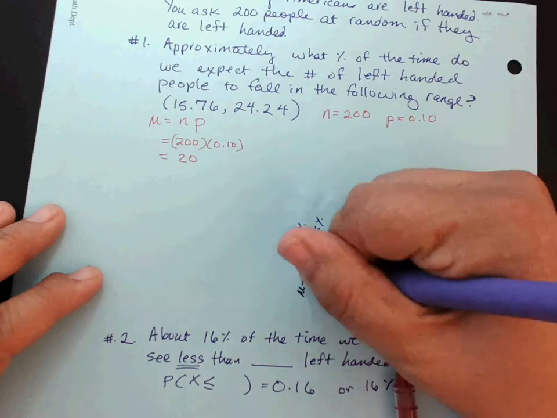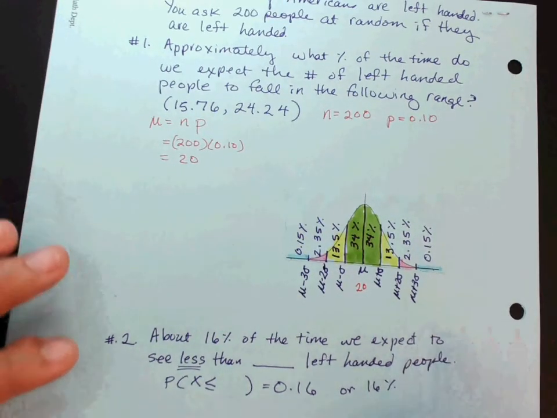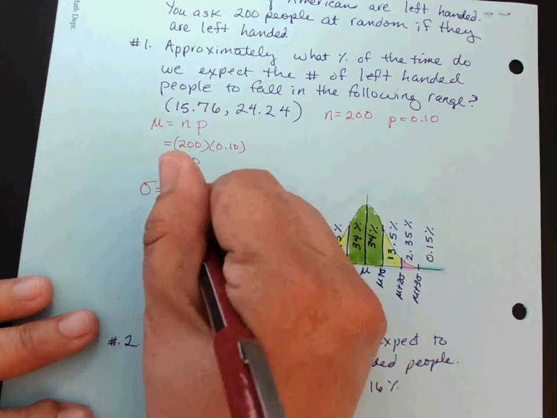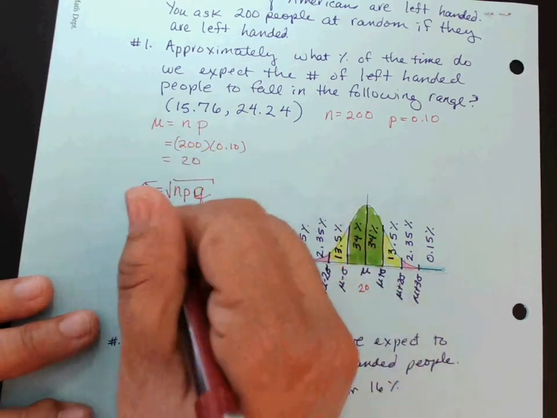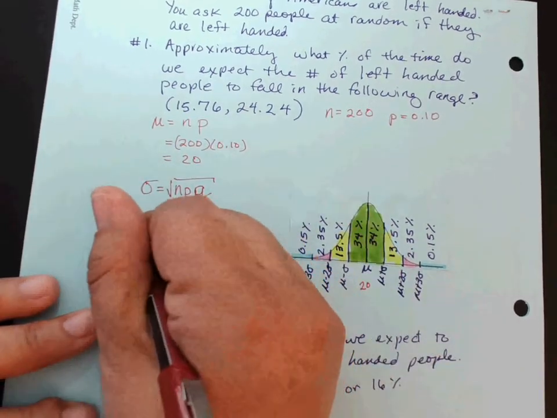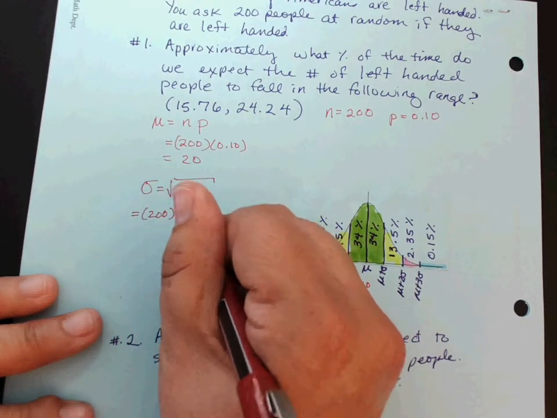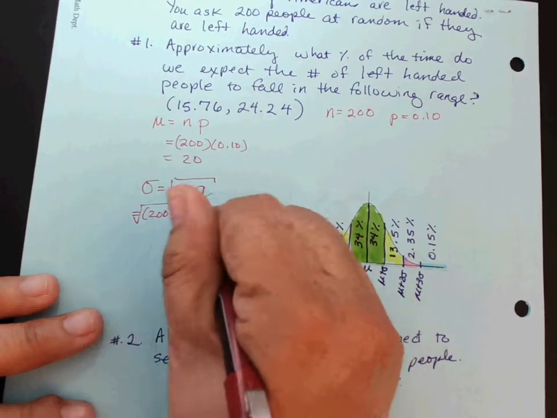Well, is there any way to figure out what sigma is? Well, sigma, we also have a formula for that. Square root of n times p times q, where q is 1 minus p. So it's 200 times 0.10, I could have said 0.1, times 0.90 or 0.9. Take the square root of all that.